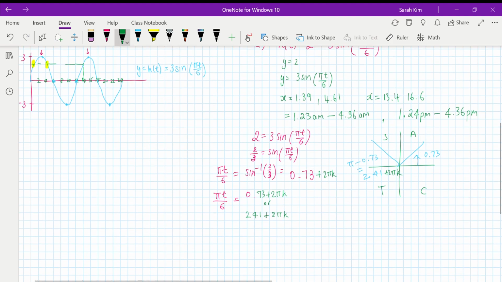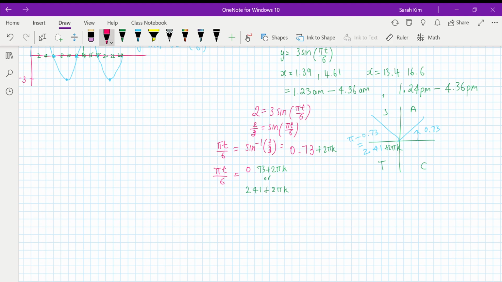So let's see if I can do it manually to figure out the exact answers. So if I want to find t, I've got to go 0.73 plus 2 pi k divided by pi over 6. 0.73 times pi over 6 is about 0.38.